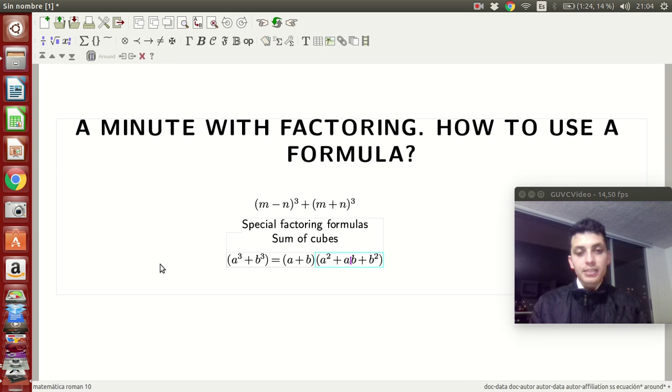Okay, it's not plus ab, it's negative ab. And this is the formula of the sum of cubes.